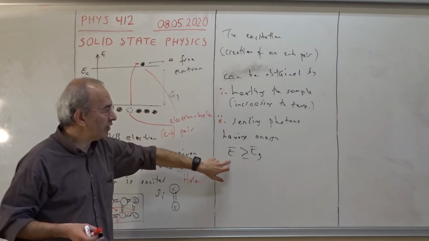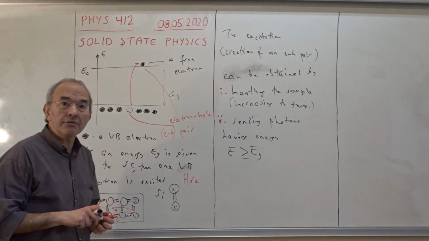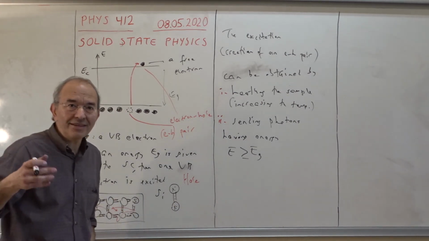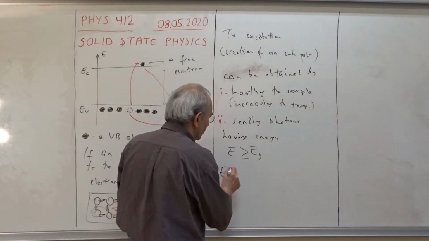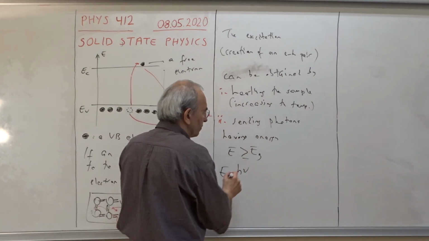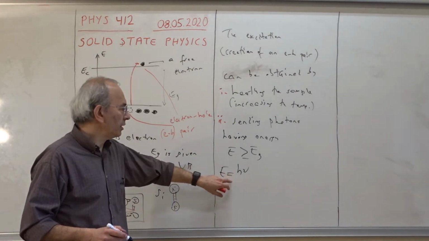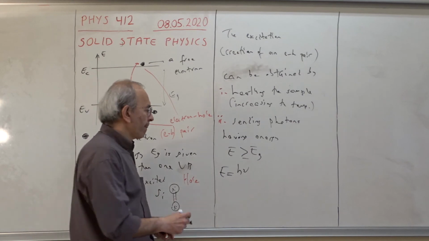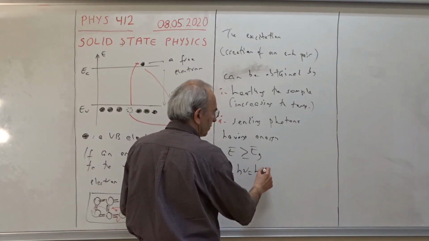So the photon should have an energy at least equal to the energy gap. And E, remember from other courses, the energy of a particle is h nu. Nu is the frequency, h is Planck's constant, E is h nu. But it can also be written as h c over lambda.